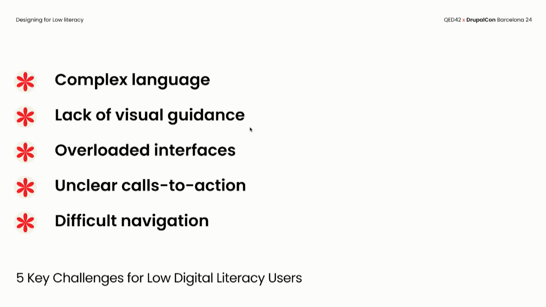Third, overloaded interfaces: having a lot of animation and making the website load slower, which can lead to users not being able to see what's on the website. They can miss the touch points, that is the call to action, and in short they can have difficulty navigating the platform.